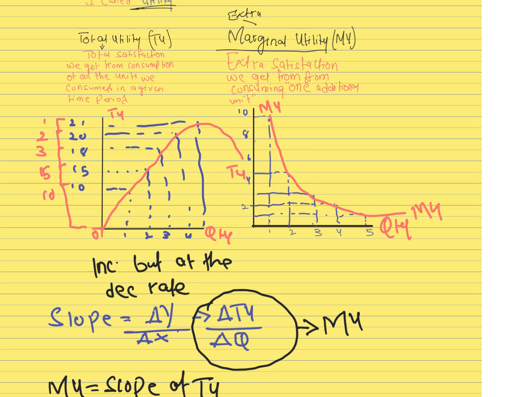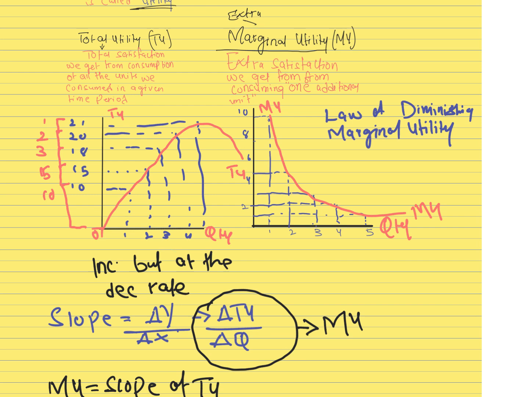The reason behind this is the law of diminishing marginal utility.